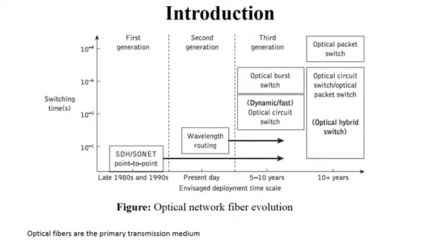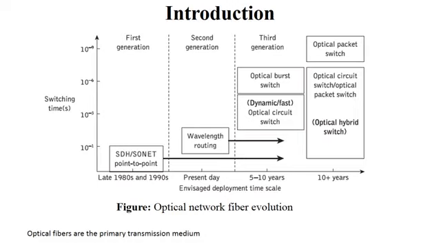So let us start with the introduction. This diagram shows the various generations of the optical network, which is also the evolution of the optical network. In the first generation, it made use of SDH and SONET, which are point-to-point communication. In the second generation, it made use of wavelength routing.